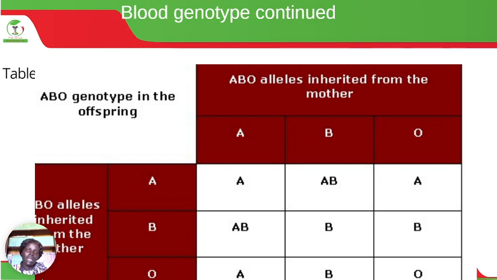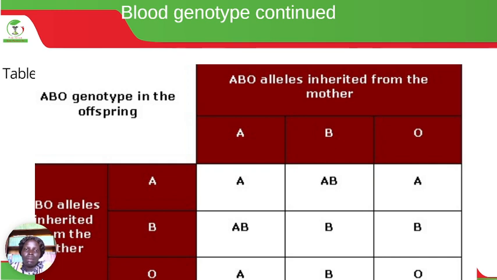Here it is clearly stated. We have the father's alleles and the mother's alleles. On the ABO of the father, if the father has blood group A and the mother has blood group A, they will give birth to an offspring with A. If the mother has B and the father has A, they will give birth to an offspring of AB, because both A and B are strong.